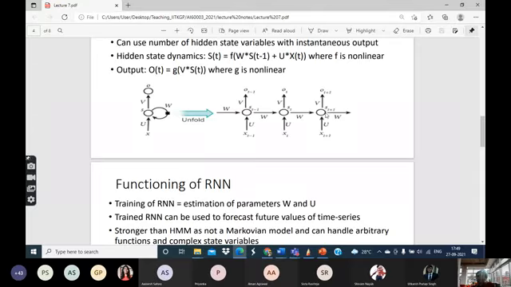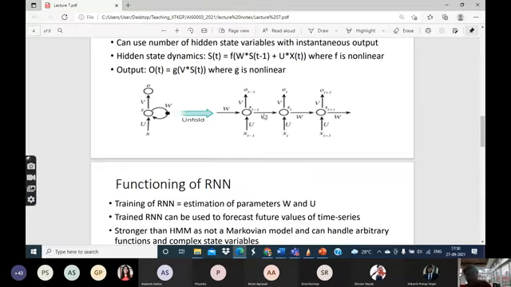You may have heard of the algorithm called backpropagation, which is used to estimate the parameters of a neural network. Backpropagation is an algorithm based on the chain rule. In the case of a recurrent neural network, what we do is backpropagation through time, BPTT.